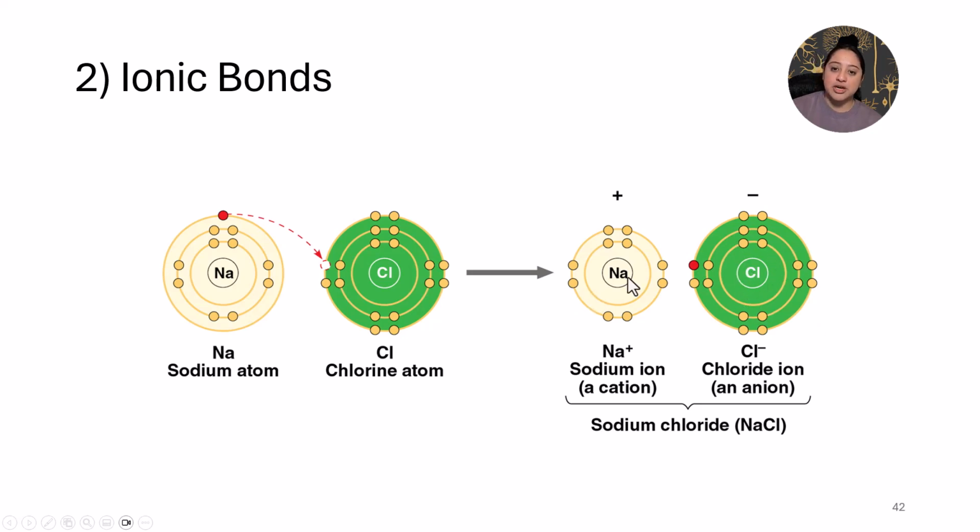And remember, now that the electron is switched, this one is going to be more positively charged and this one is going to be more negatively charged. So this is a cation on the left, and this is a chloride ion, an anion, on the right. Together they kind of just hang out near each other, and this is an ionic bond that makes sodium chloride hang out together.